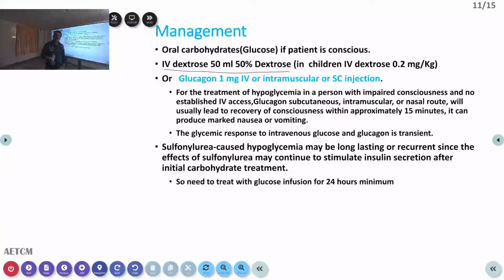In that condition also you have to give continuous dextrose infusion to prevent further episodes. And you can even try glucagon. If the patient is having recurrent hypoglycemia, glucagon 1 mg can be given IV, intramuscular, or subcutaneous. So that is very important.